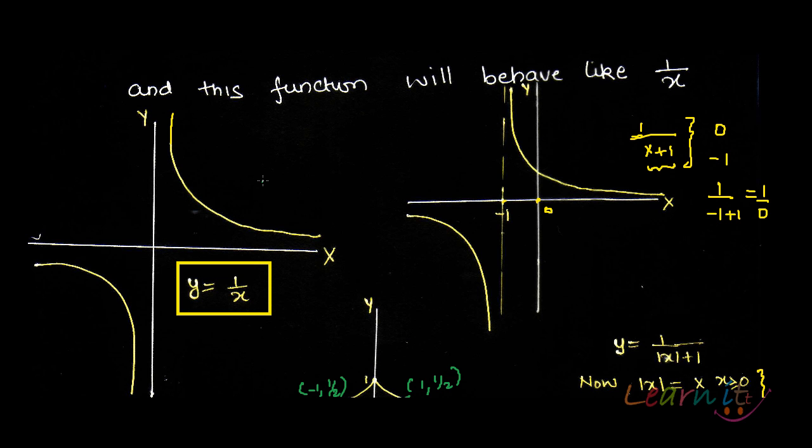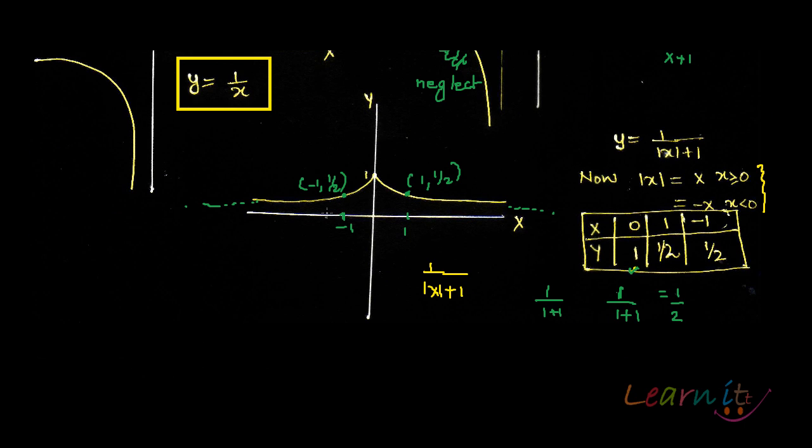So my new f(x), where I have 1 upon mod x plus 1, I remove this portion, neglect this portion, and in fact this portion will become all positive out here, and that is coming like this.